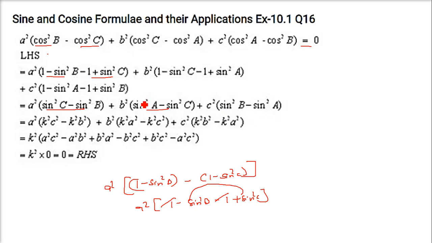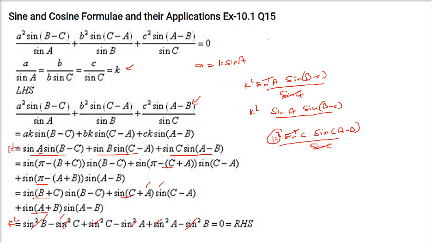Now what you can do, this sine C can be written as C. We know that C by sine C equals K, but this K can also be written as 1 by K. It doesn't matter, because A by sine A, B by sine B, C by sine C is constant only. So why can't we write it as 1 by K?